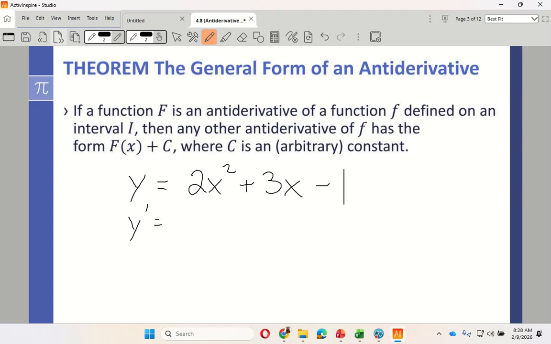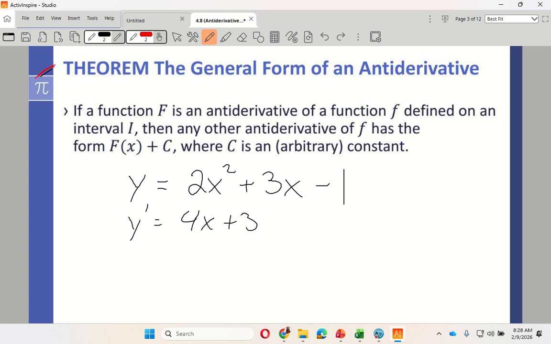Y prime is going to be equal to 4x plus 3. And what happened to that minus 1 over there? It goes away, right? It drops off. Now, let's do this step by step. To go from 2x squared to 4x, that was my derivative.